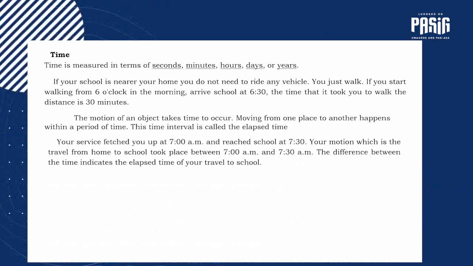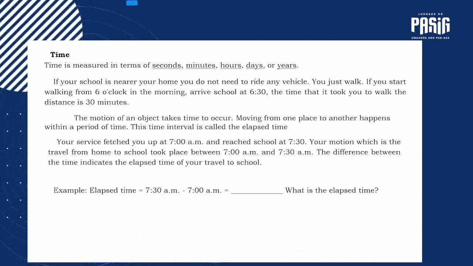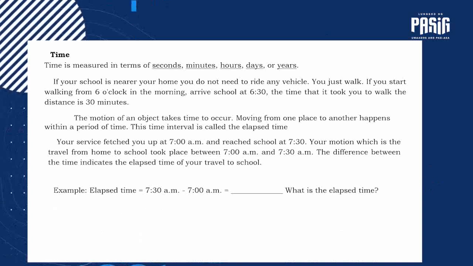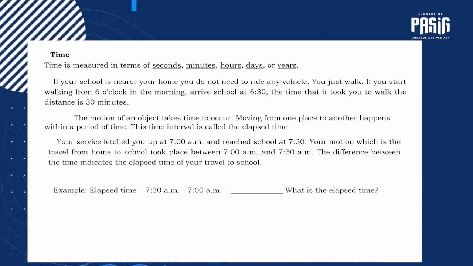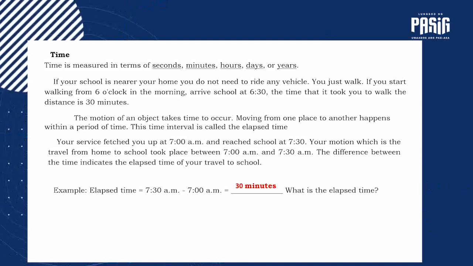Your motion, which is the travel from your home to school, took place between 7 a.m. and 7:30 a.m. The difference between the times indicates the elapsed time of your travel to school. Example, elapsed time is 7:30 a.m. minus 7 a.m. equals, answer, 30 minutes. And that is the elapsed time.